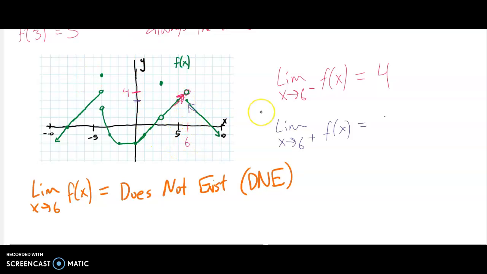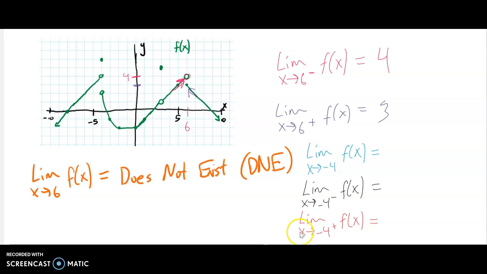It comes into 3. So it's okay to have different limits. We just have to specify whether it is a left limit or a right limit. Now, we use minus for the left limit because it comes from the, quote, negative side, or from the, quote, positive side. So I'm going to give you 2 more to do here.